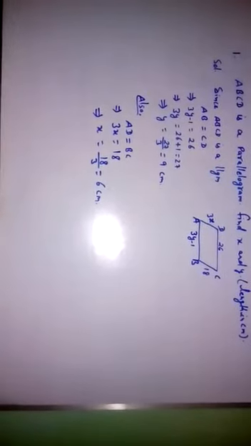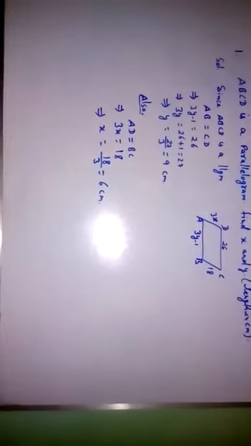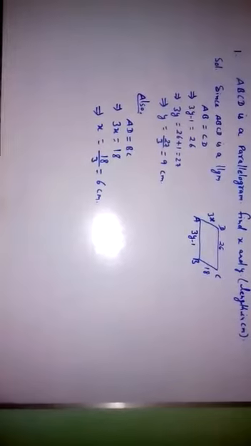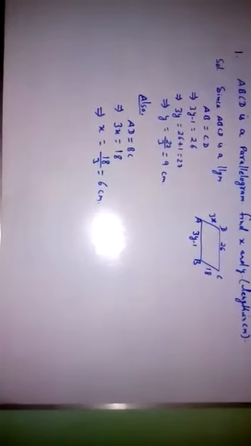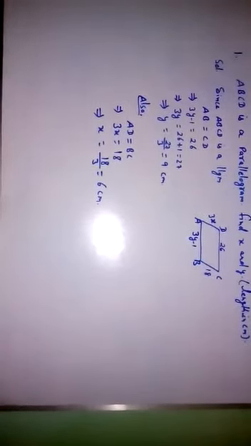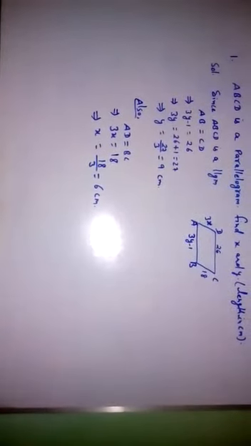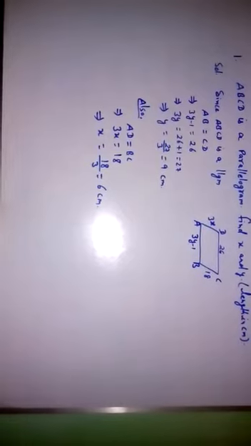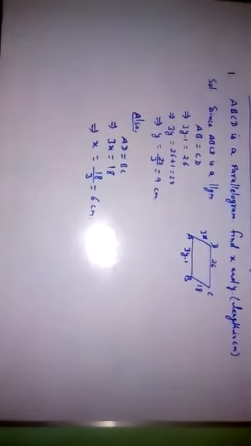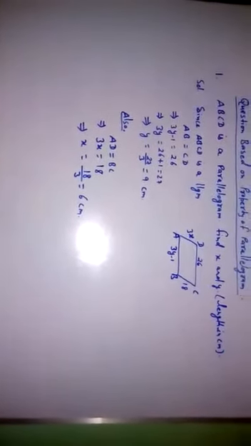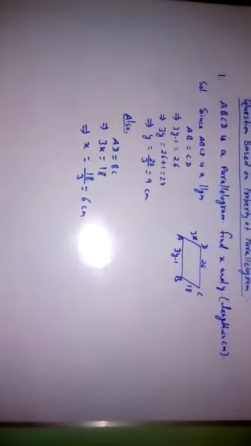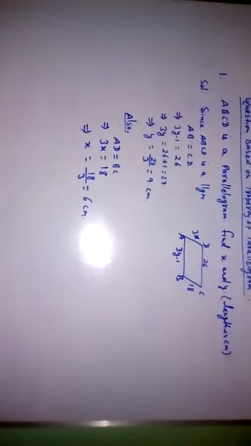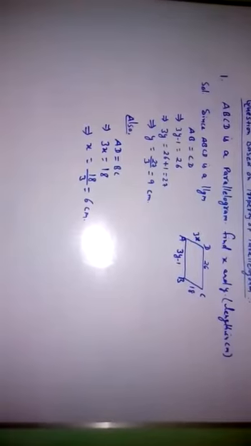Then AD equal to BC, that means AD equal to given 3x and BC equal to given 18. Then 3x equal to 18. Therefore the value of x equal to 18 by 3, that is 6 centimeter. So this type we will find the unknown quantity x and y.